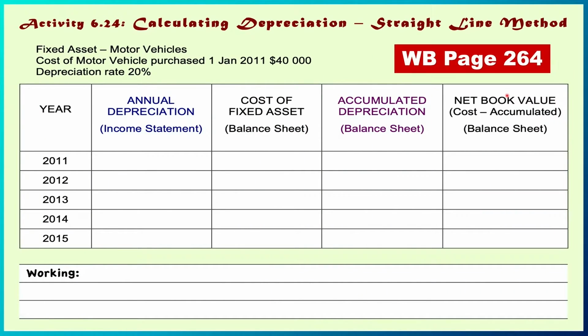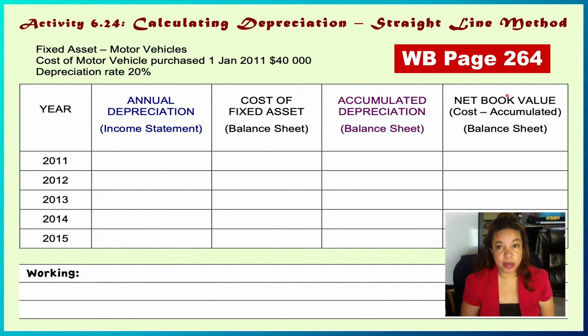So here is an example, and here's the information. Basically, you have your non-current asset is a motor vehicle again. We just love those motor vehicles. The cost of the motor vehicle, which was purchased in 2011, is $40,000, and the depreciation rate is 20%. So you have the straight line method is what they are asking you to estimate. So you first will work out your annual depreciation using the straight line method.